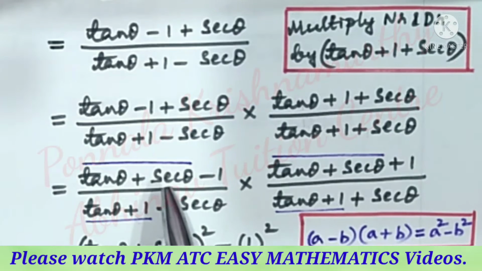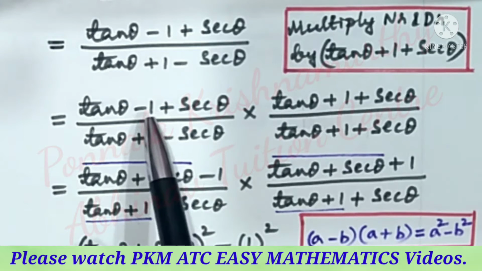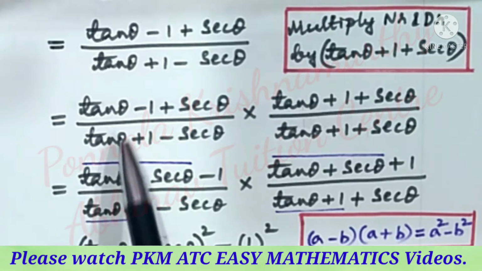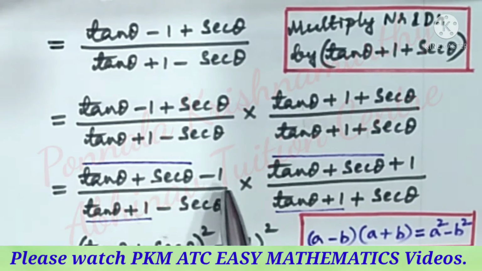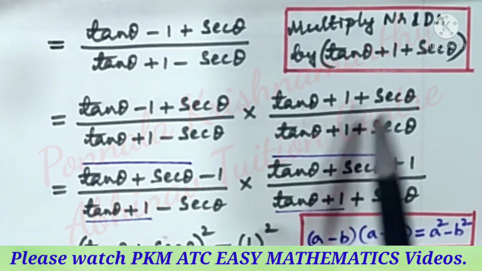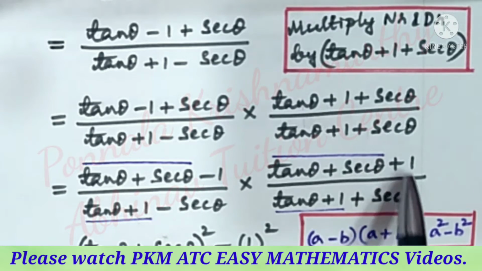Now we write negative term in the last, so minus 1 here, and here also negative term in the last. That is equal to (tan theta plus secant theta minus 1) by (tan theta plus 1 minus secant theta) into, here also we write this one at the last. So tan theta plus secant theta plus 1 by, here we have negative sign for secant theta, so we write secant theta at the last, tan theta plus 1 plus secant theta.